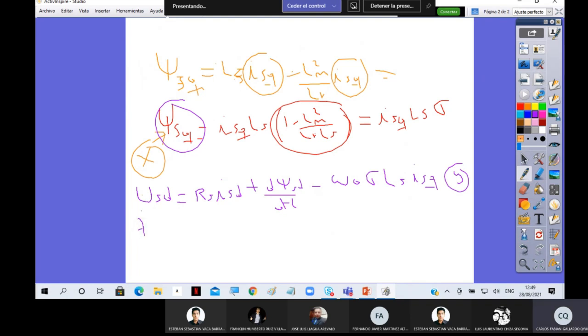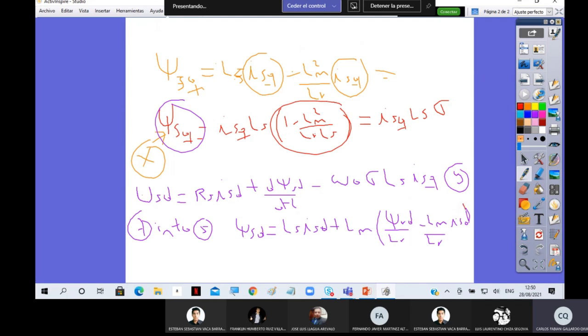I get the stator flux on the d-axis equal to the stator inductance times the stator current on the d-axis plus the magnetizing inductance times the rotor flux on the d-axis over the rotor inductance minus the magnetizing inductance over the rotor inductance times the stator current on the d-axis.